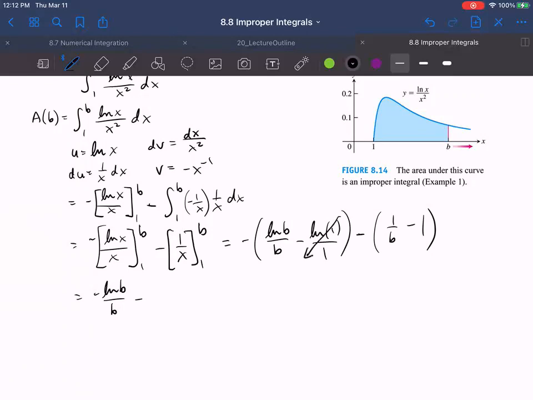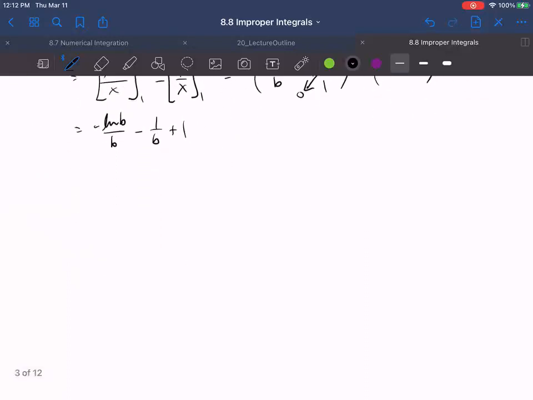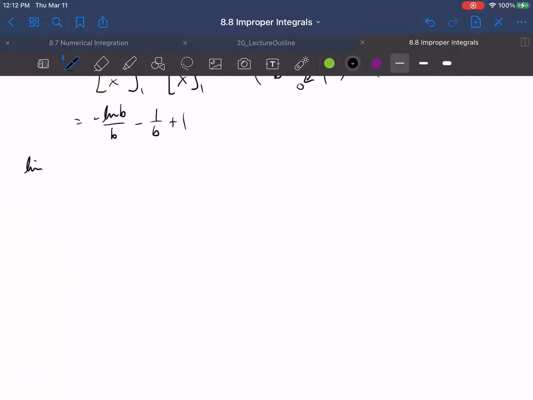So this is going to go to 0. So minus 1 over b plus 1. And now we need to take our limit. So we take the limit as b goes to infinity of negative natural log of b over b minus 1 over b plus 1.